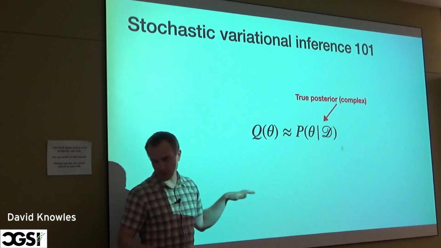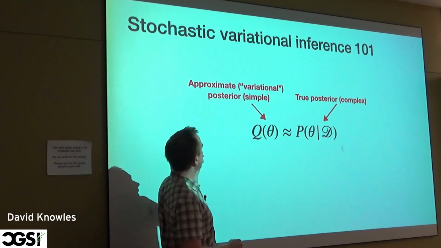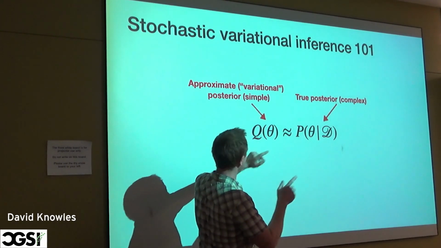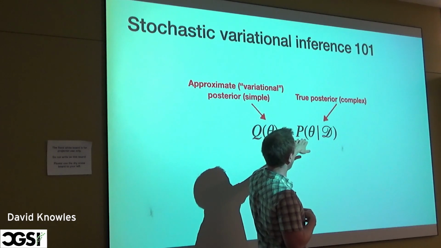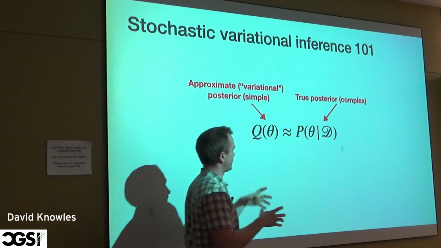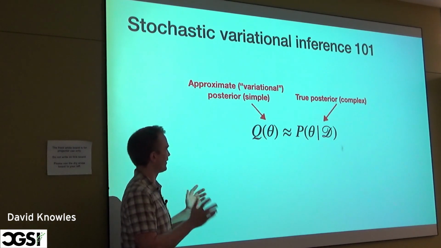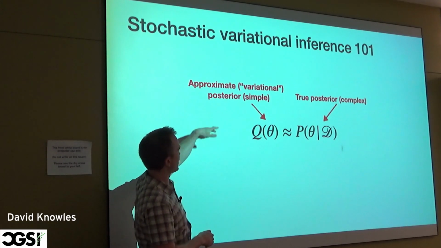And so what stochastic variational inference, or SVI, tries to do is find an approximation, Q. Shouldn't have used Q because I used it earlier. Anyway, different Q. So this is an approximation to the posterior that has some nice parametric form. Most of the time, it's going to be a Gaussian, but you could use fancier things as well. And this gets called the variational posterior.